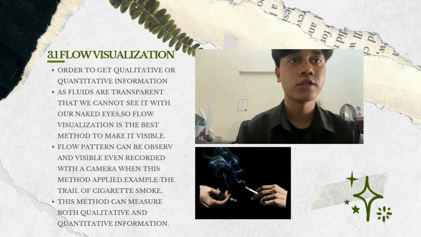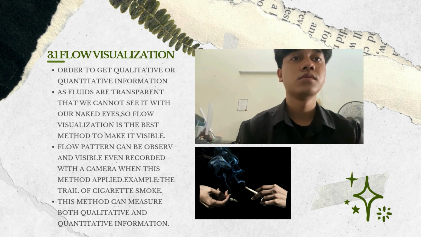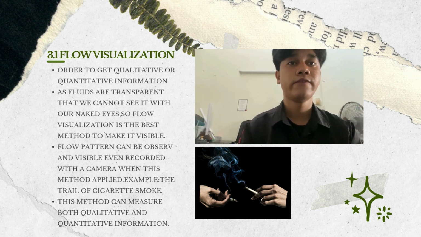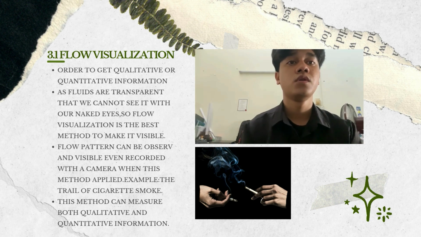Flow visualization is the best method to make them visible. Flow patterns can then be observed and visible, even recorded with a camera when this method is applied. An example is the trail of cigarette smoke. This method can give both qualitative and quantitative information.